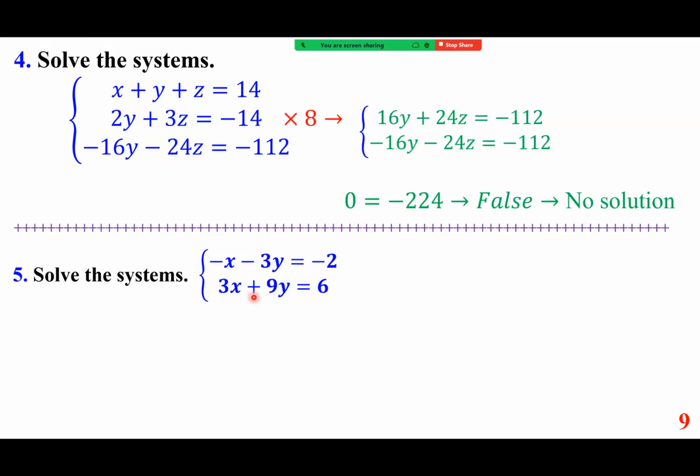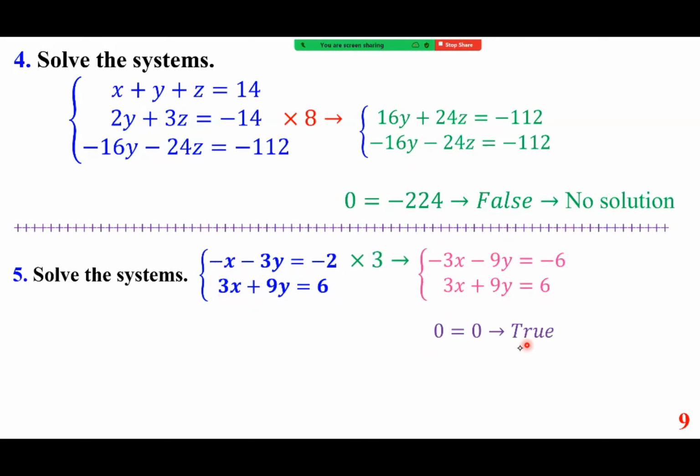If I want to solve this by addition method, if I multiply the top by 3, I get minus 3x minus 9y and minus 6. These two cancel each other, these two cancel each other, these two cancel each other. So 0 equals 0, which is a true statement. And that means it's an identity.